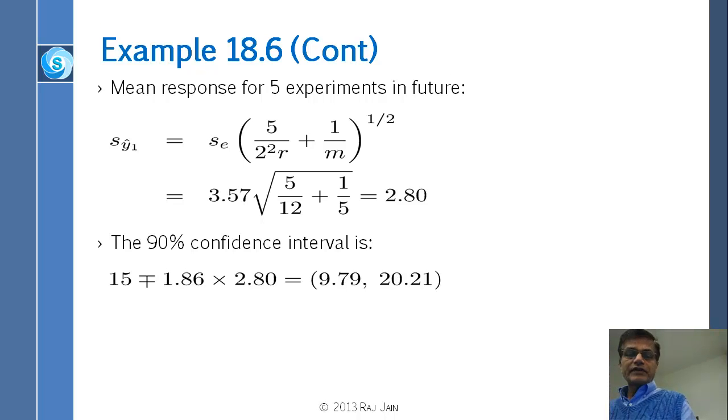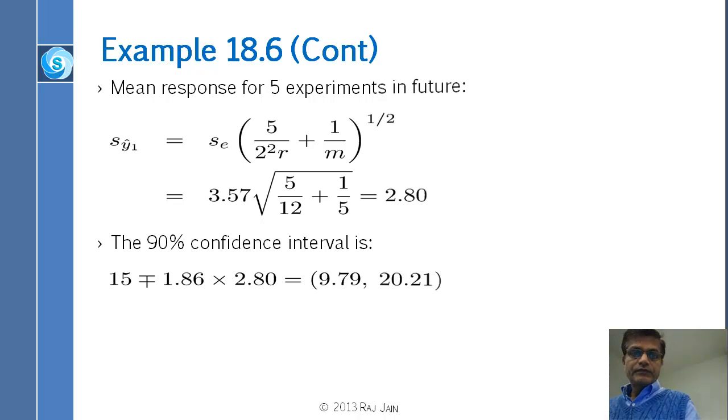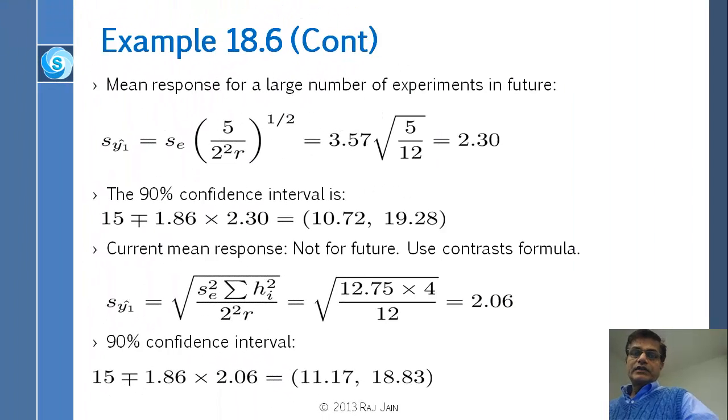So the mean of 5 will lie in that interval 90% of the time. If you are just going to take a large number of observations, not 5 more, then your confidence interval will be this much, and so on and so forth.